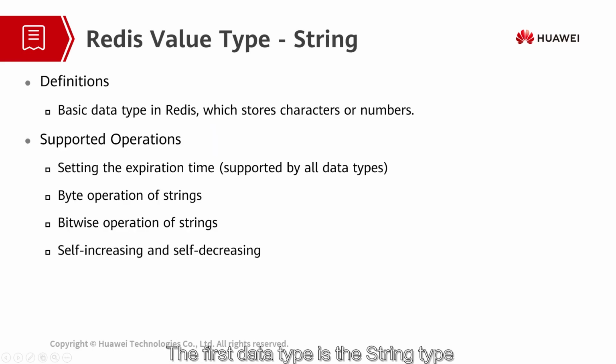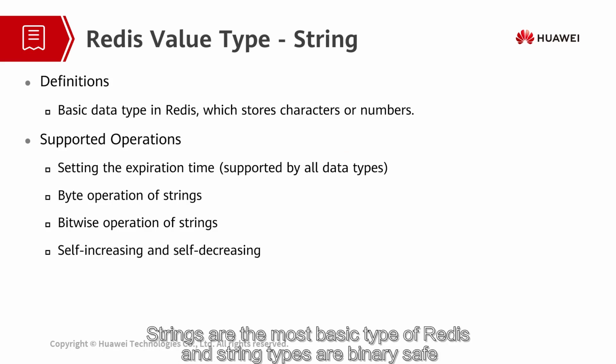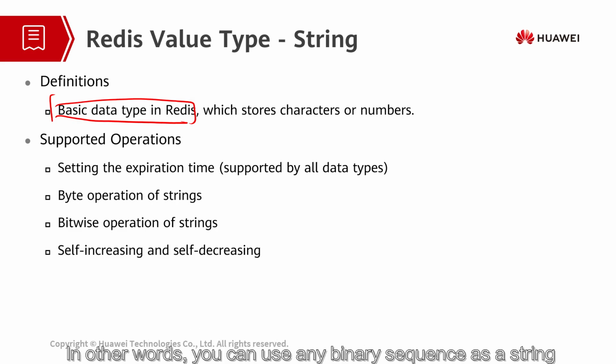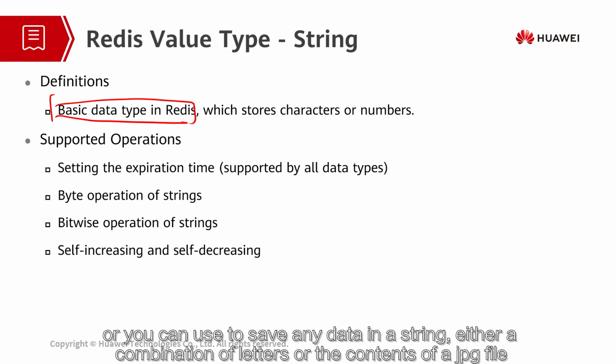The first data type is the string type. Strings are the most basic type of Redis. And string types are binary safe. In other words, you can use any binary sequence as a string, or you can use it to save any data in a string, either a combination of letters or the contents of a JPG file.